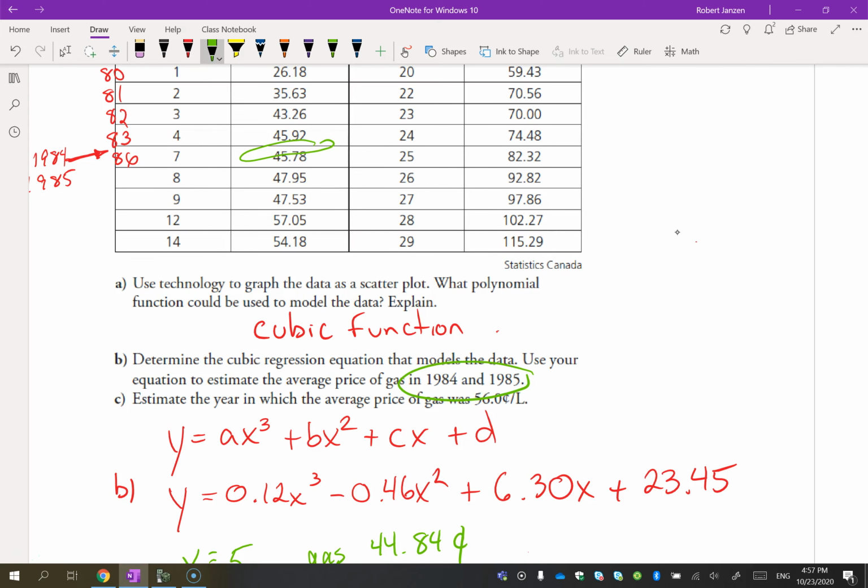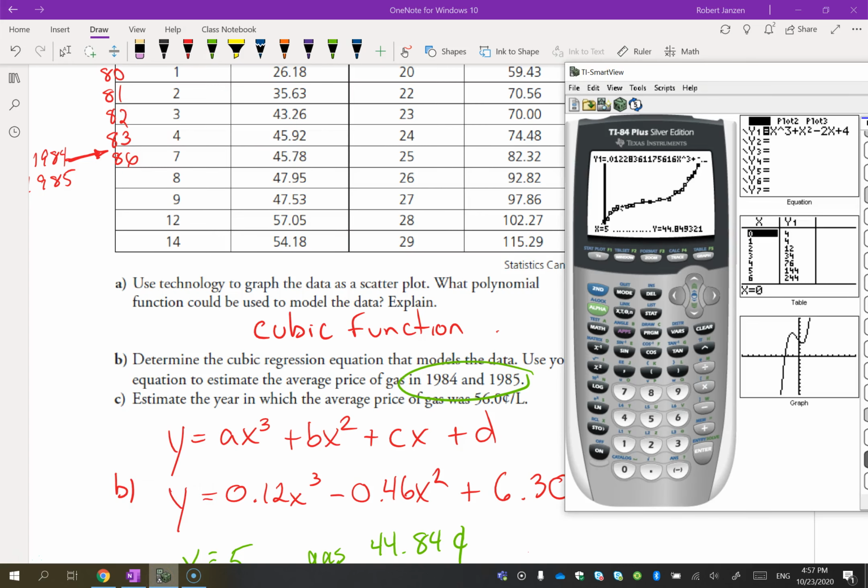Remember that this is our line of best fit. It's going to approximate, and you can see that if you zoom in a little bit, this is not going to be a perfect fit. You can see how that line doesn't quite match up perfectly in places.